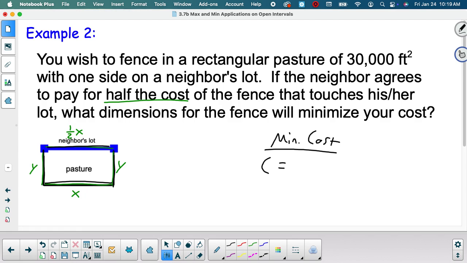I'm going to have to pay the cost for X plus Y plus another Y plus half of X. It's really just saying I have to pay for two Y's, but then if I have 1X plus 1/2 X, I'm paying for 1.5 X. I'll write it like this. But that's going to be the equation that I have. It's a perimeter equation.